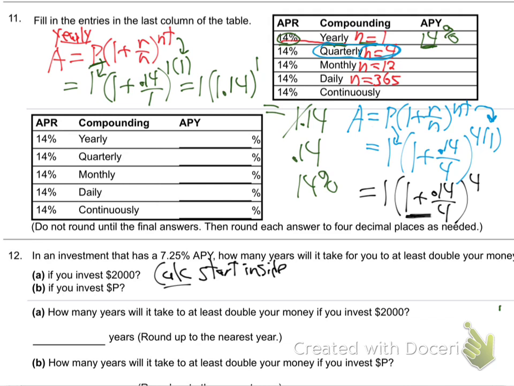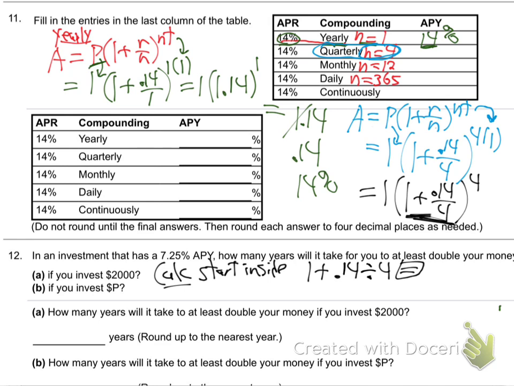Because that just gets tedious and easy to miss one and get it wrong. So here's an easy way. Just start on the inside. Literally just go 1 plus 0.14 divided by 4 and hit equals or enter. So I just do what's in the parentheses first. 1 plus 0.14 divided by 4 equals, what do you guys get? Something like 1.035? Yeah, 1.035.